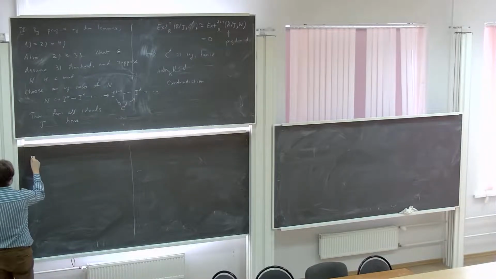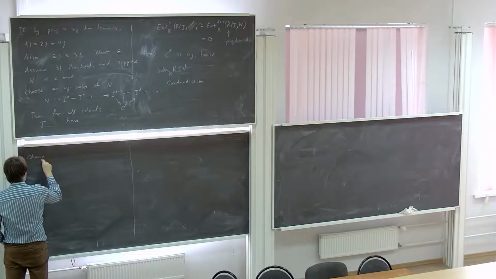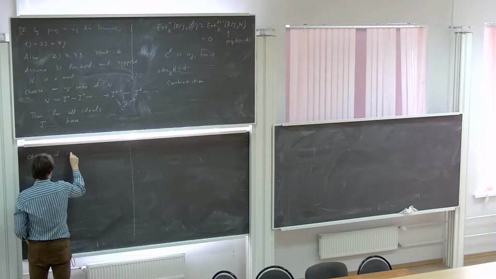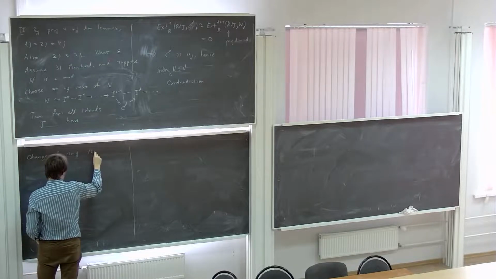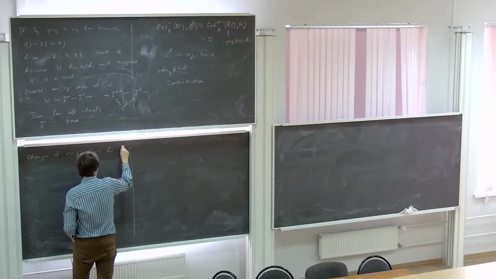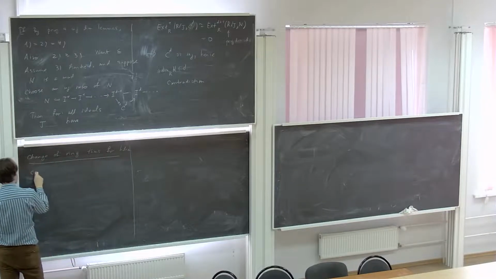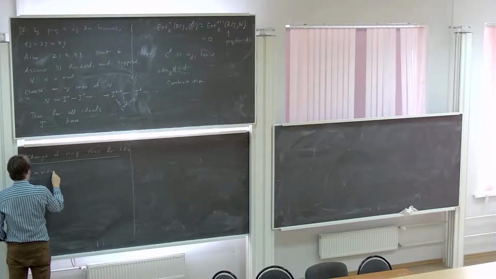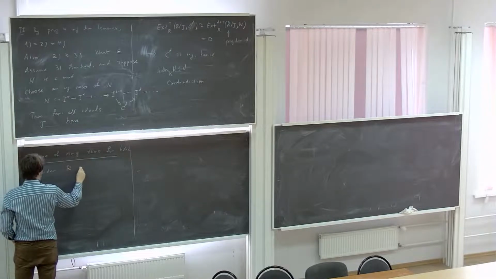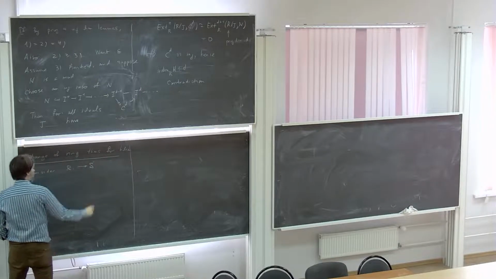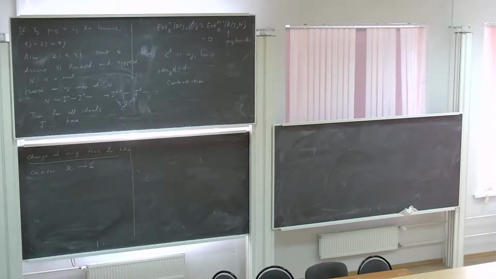So we're going to have what are called change of ring theorems for this homological dimension. So we'll consider a map between two rings. And we'll either take an S module and restrict it to an R module, or take an R module and induce it to an S module. And we'll see how the projective dimension of the module changes.